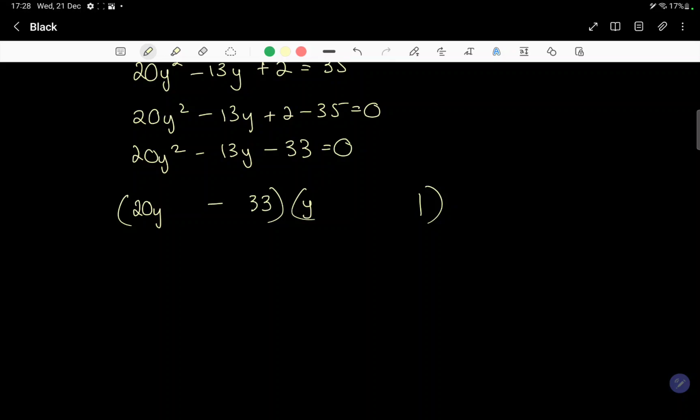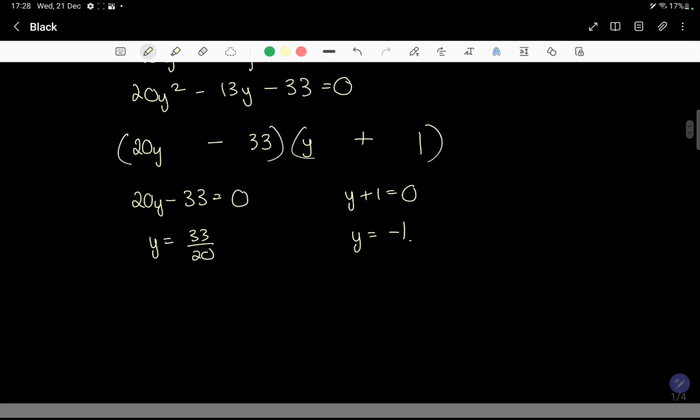Fill in the signs then, a minus and a plus. Now to solve them, we need to let both brackets equal to 0. Okay, so we have 2 y values there found.